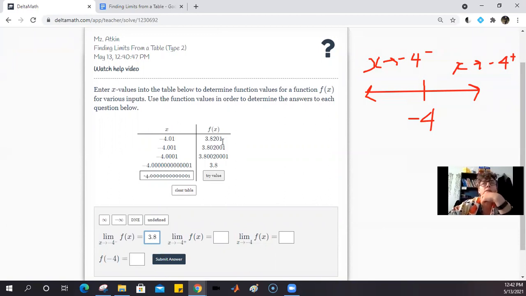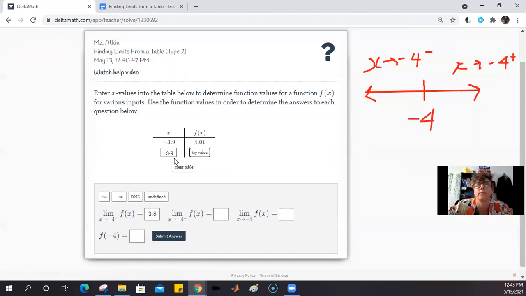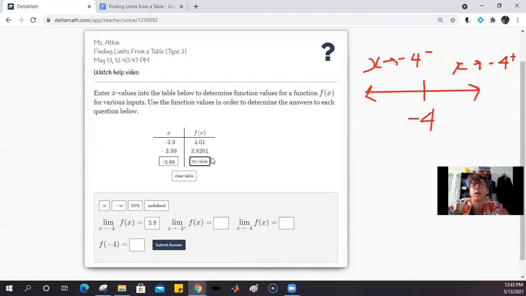Okay, so now let's approach -4 from the right. Making sure my negative values are correct. That's a positive. That should be a positive. I'm not making the same mistake again. Approaching -4 from the right means pretty close to -4, but slightly more positive. So how about -3.9? How about -3.99? Okay, I'm glad I plugged in a couple more things. That changed somewhat dramatically, by 2/10. Let's put some more 9s in there.